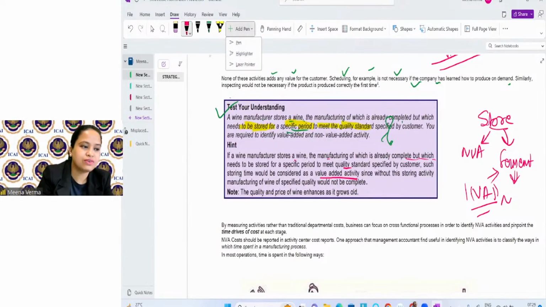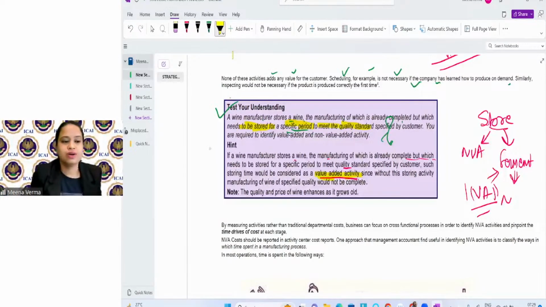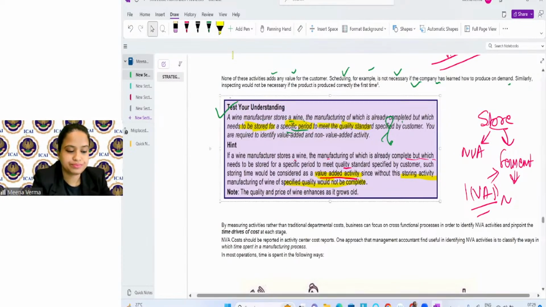I told you it's a valuated activity because without this process, it is maybe not good for consumption. It's actually a part of the process. Since without the storing activity, manufacturing of wine of specific quality would not be complete. It will not be a complete product if you do not store it. So it's a valuated activity.